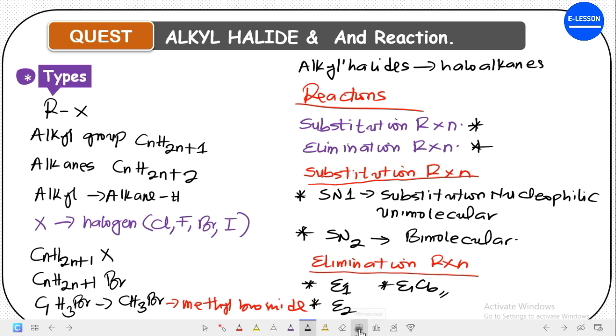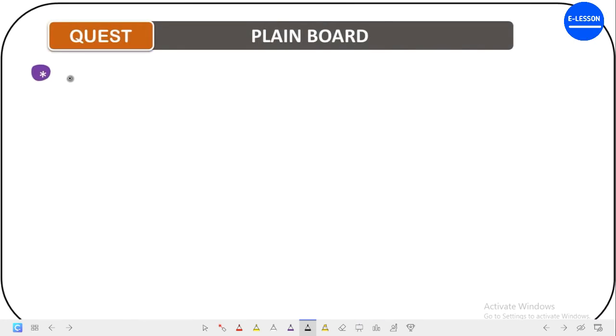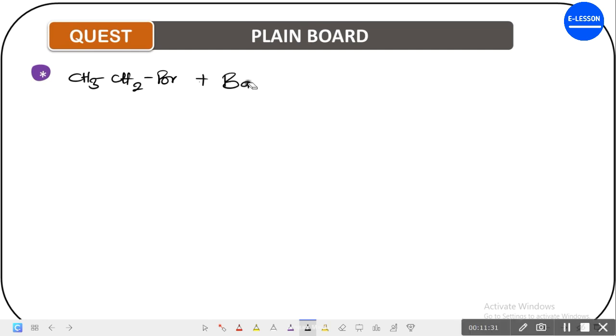So let's look at examples here. For instance, let's say this is an alkyl halide, CH3CH2Br, and you react this with a nucleophile. If it reacts with a nucleophile having electrons, it can remove this bromine group from here, and when the bromine group leaves, the nucleophile attaches.